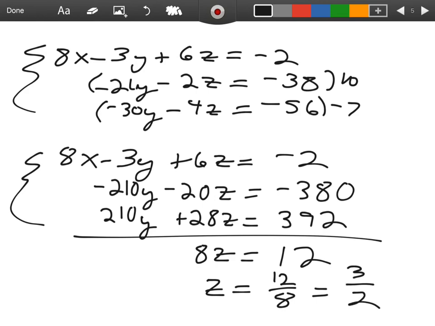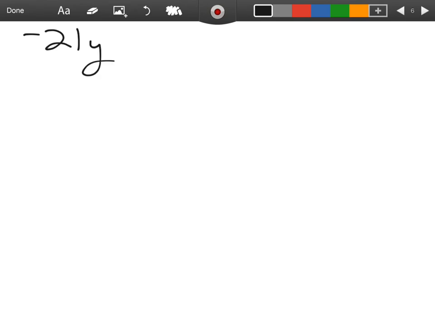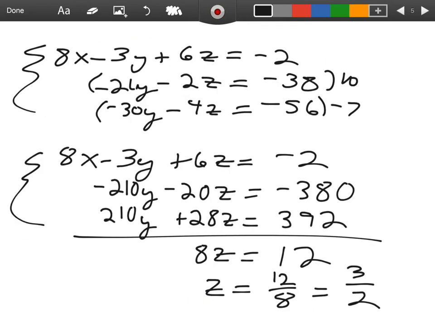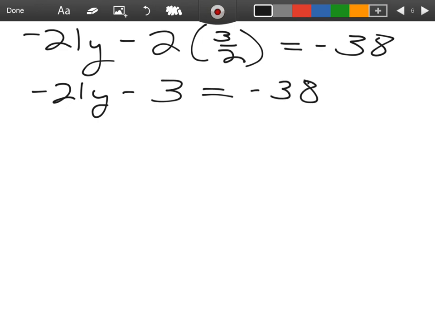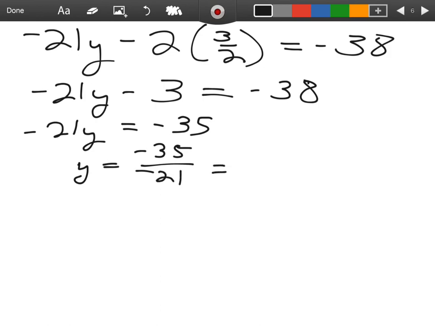Okay, back substitute. Negative 21y minus 2 times 3 over 2 equals negative 38. That's negative 21y minus 3 equals negative 38, or negative 21y equals negative 35. y equals negative 35 over negative 21, which is positive 5/3.